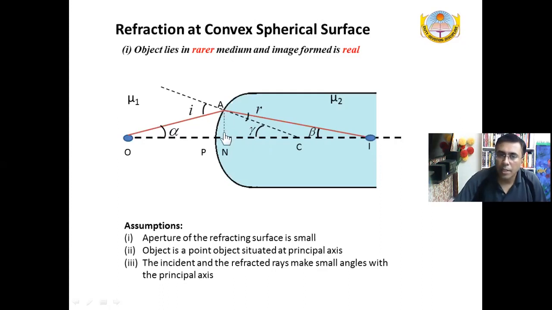Now AN is the perpendicular to the principal axis, and P and N are two points very, very close to each other.